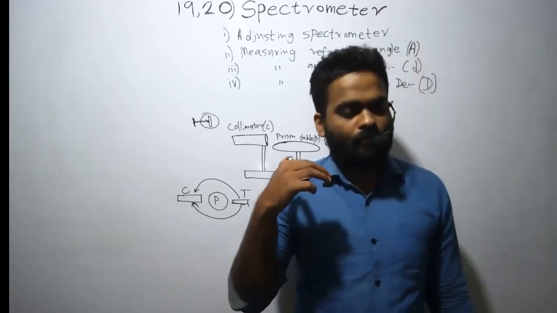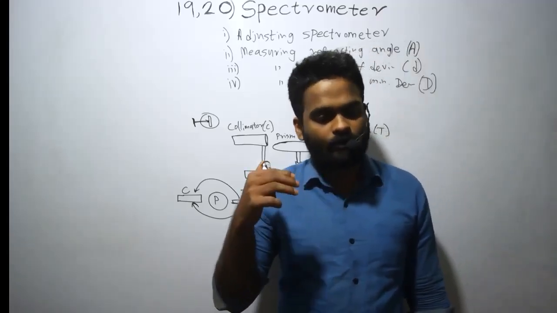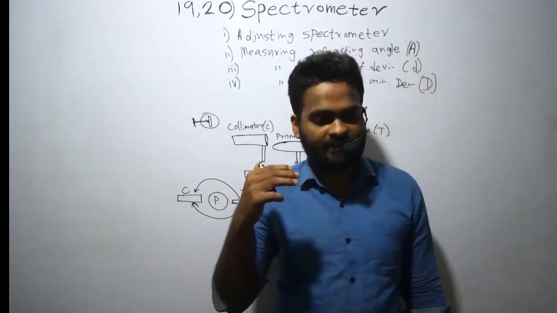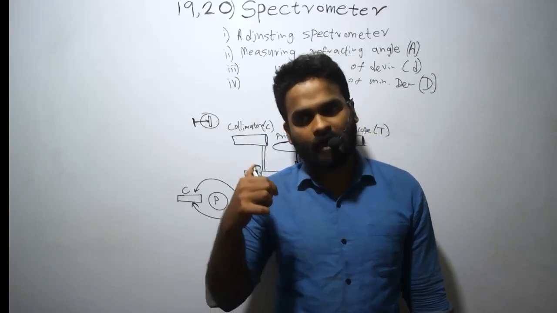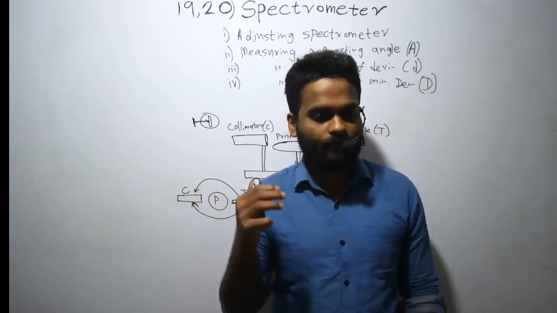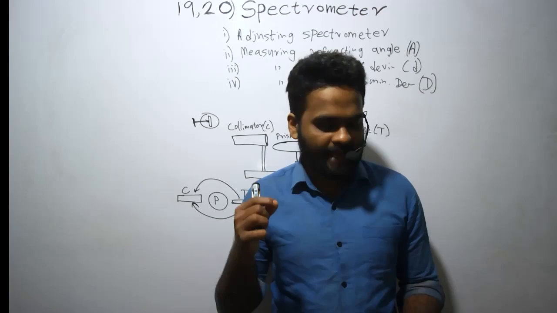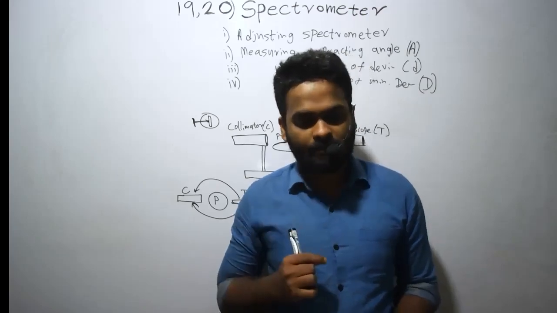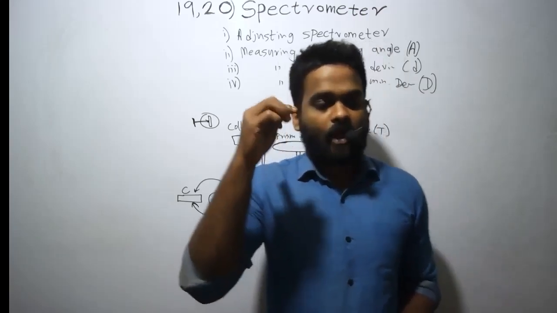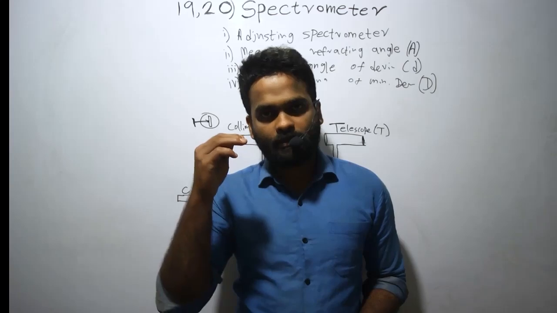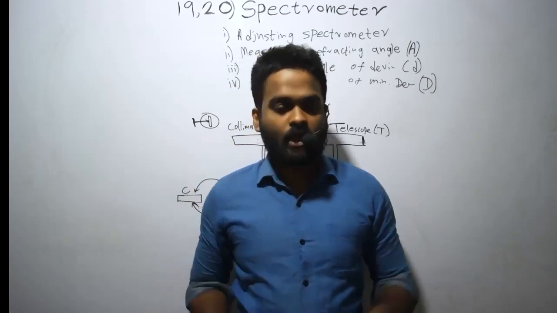Then we'll move on to how to do these adjustments. Adjustments is somewhat hard part, right? So you have to carefully listen how to do the adjustments to the spectrometer. There is an order when you are doing adjustments.